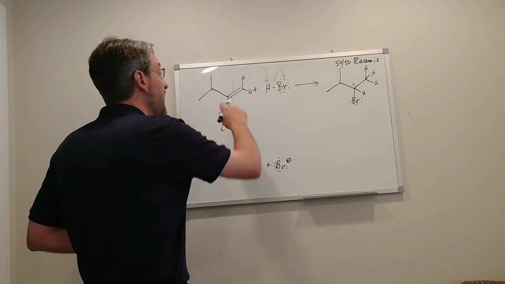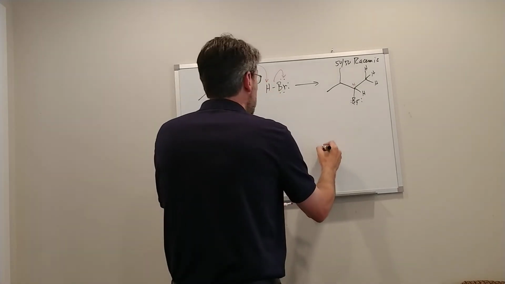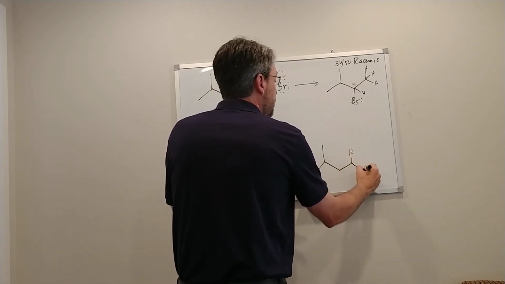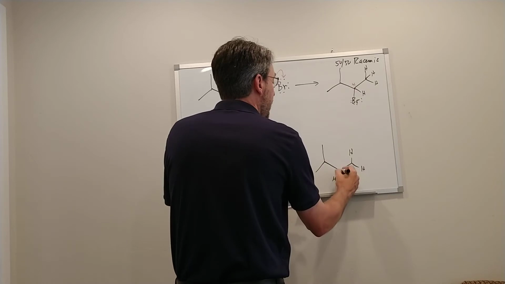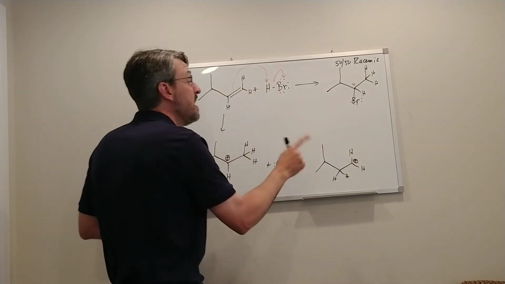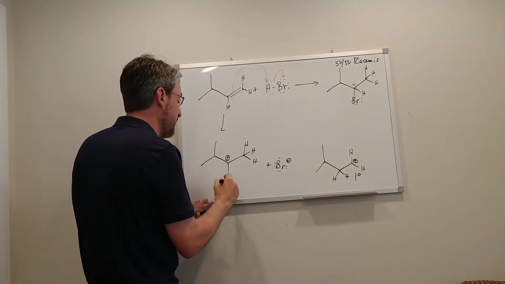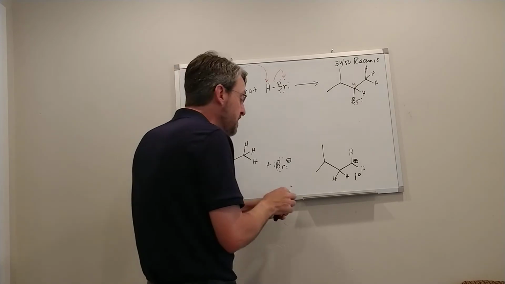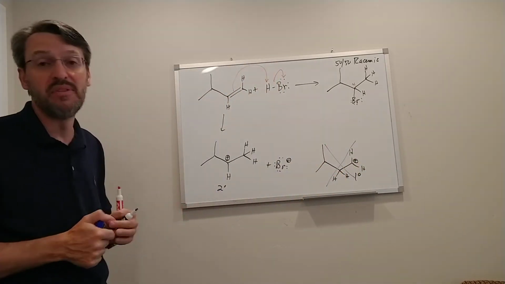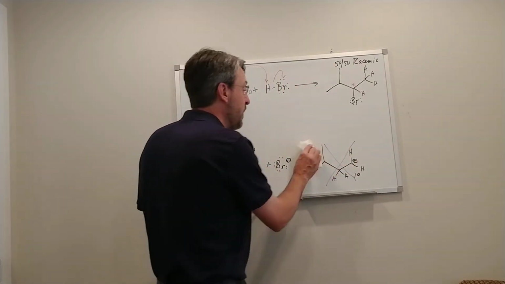And just to emphasize again, in theory, those same two arrows could lead to this one, where the H goes to the middle, but this is a primary cation. Oh, this one is secondary, okay? And remember, primary cations do not form. They're so unstable that they just are not useful for reactions. Okay, so we don't have to consider that.